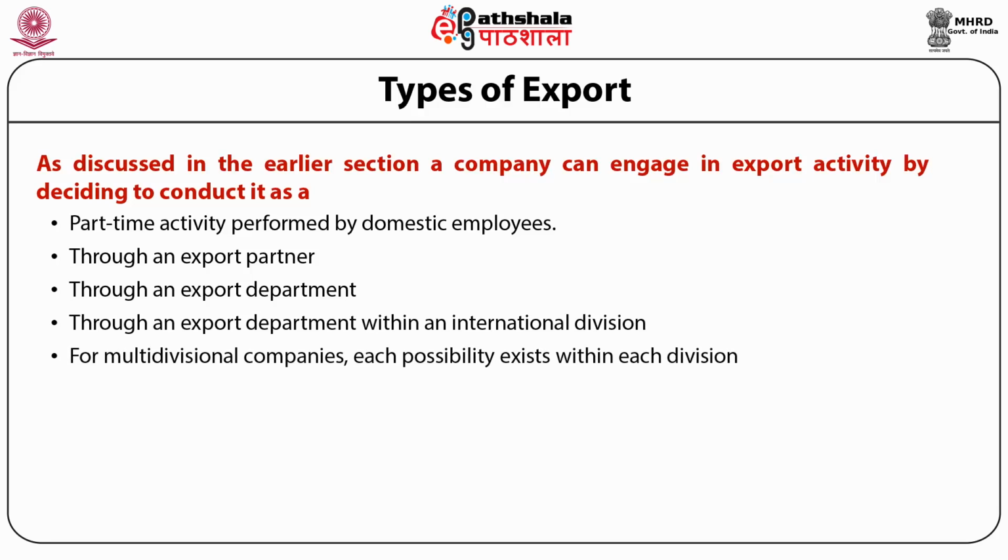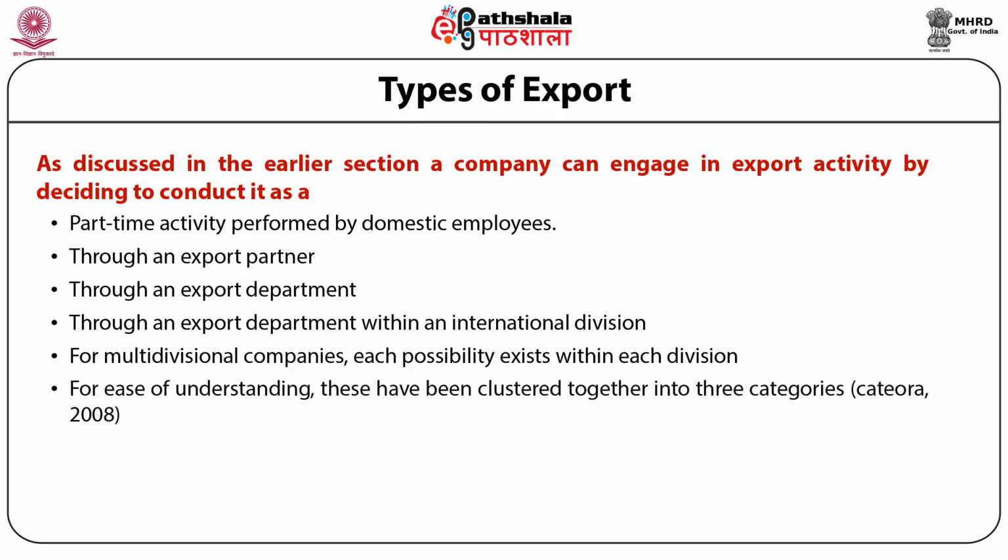Also, for multi-divisional companies, each possibility exists within each division. For ease of understanding, students, these have been clustered together into 3 categories: 1. Indirect exporting. 2. Cooperative exporting. And 3. Direct exporting.